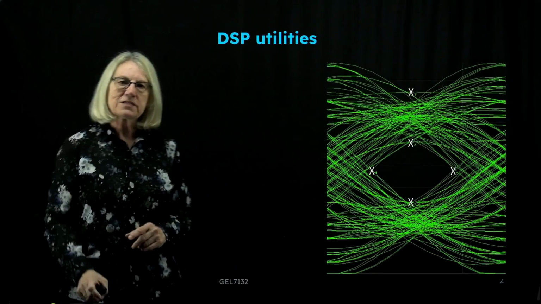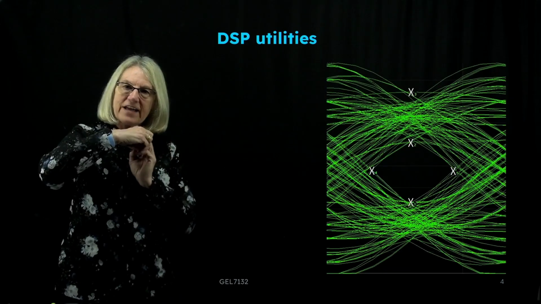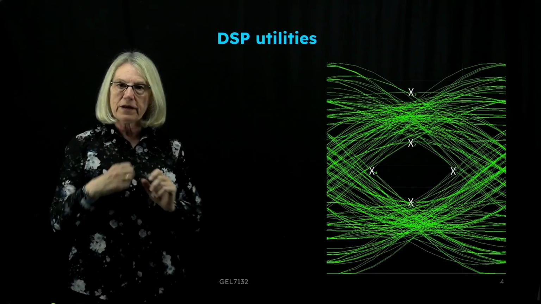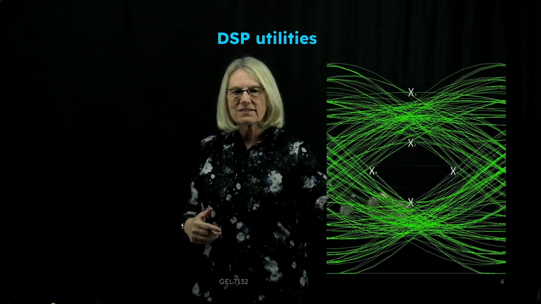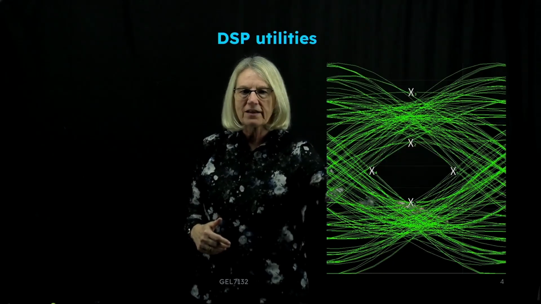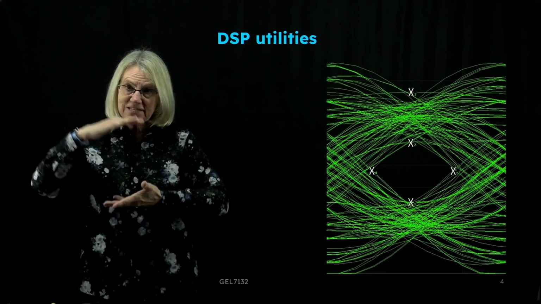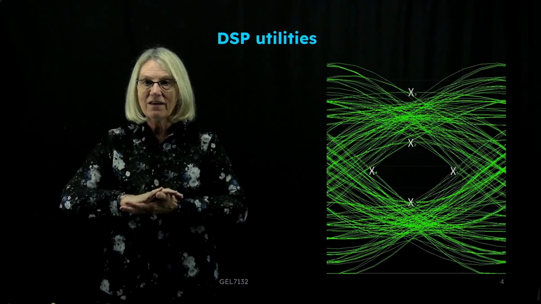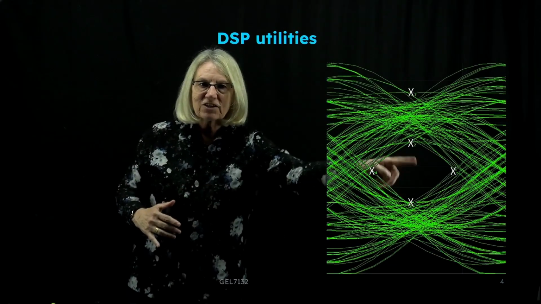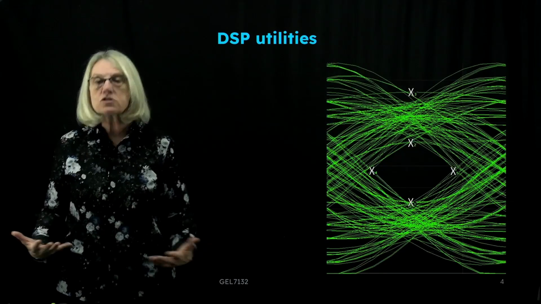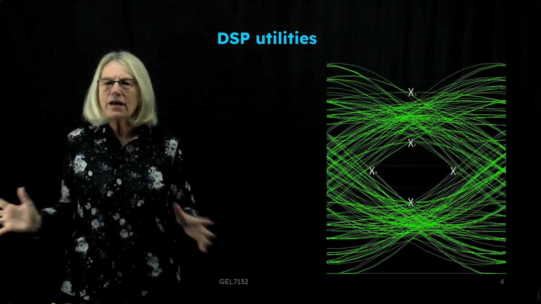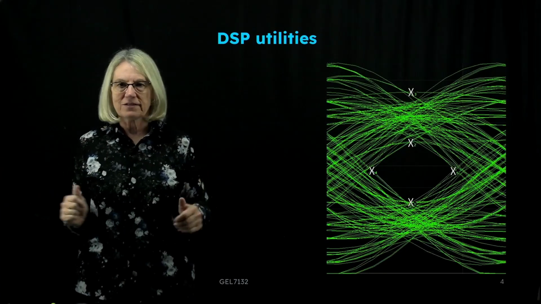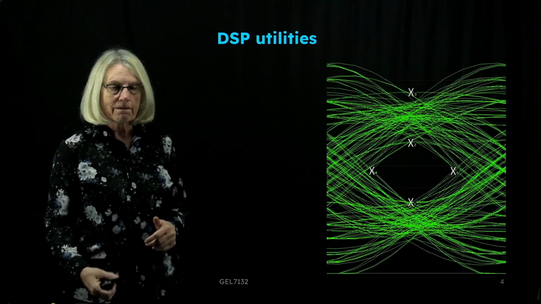First of all, we want the eye to be an open eye. Open eye means that there is some separation between the level 1 and the level 0, because if there is no open eye, if there is no clear distance here, the eye is closed, that means that we're making all kinds of errors. We can't really separate the 1 and the 0.